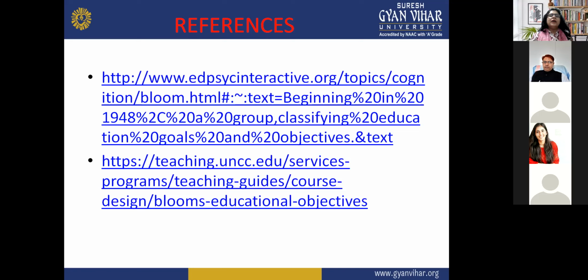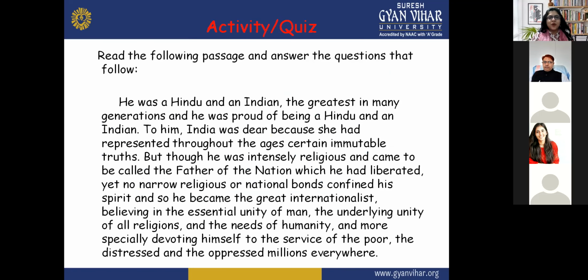You can go through more content about it. And now this is a very small activity. Read the following passage and answer the questions that follow. Okay, I'm reading this passage. All of you listen very carefully. Very simple. He was a Hindu and an Indian, the greatest in many generations, and he was proud of being a Hindu and an Indian. To him, India was dear because she had represented throughout the ages certain immutable truths.